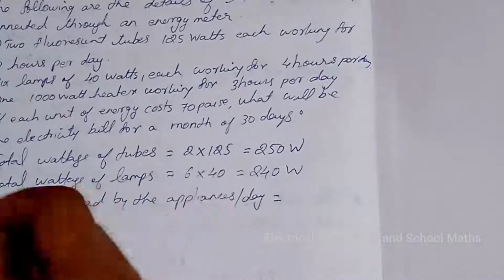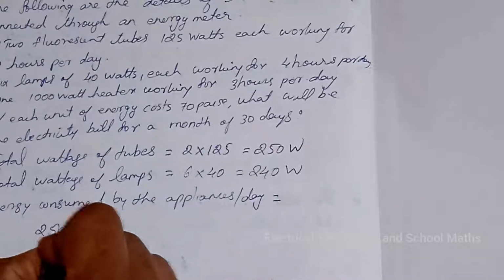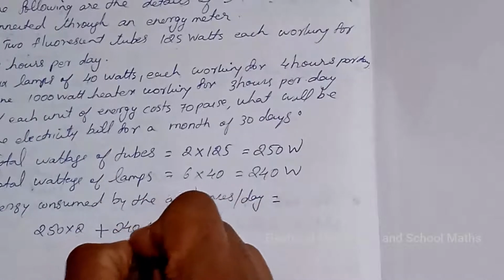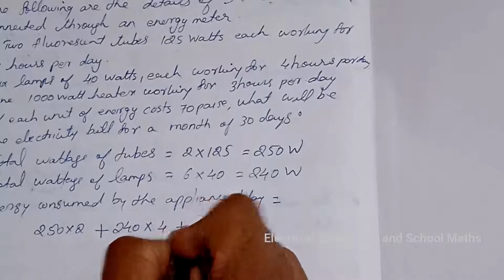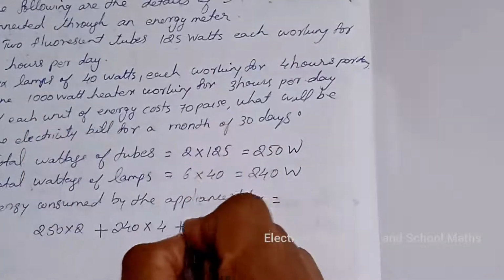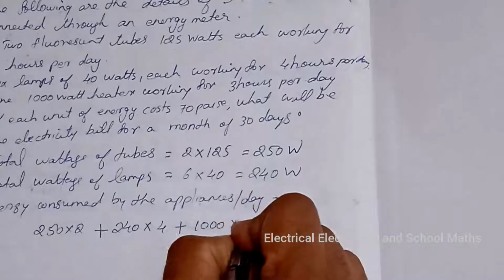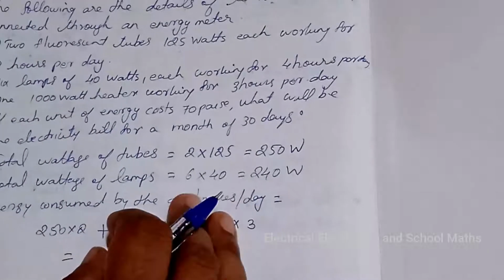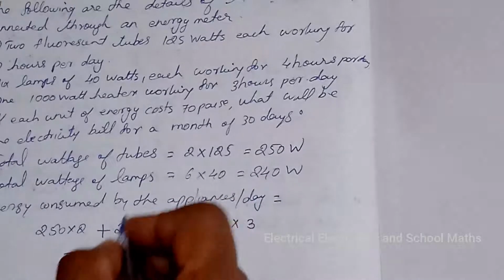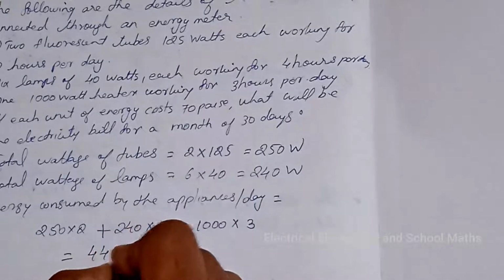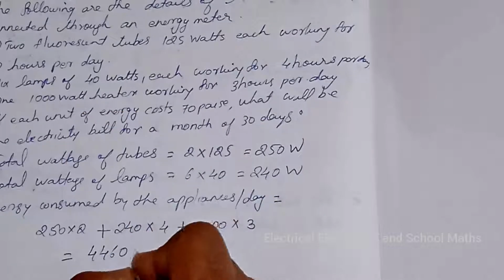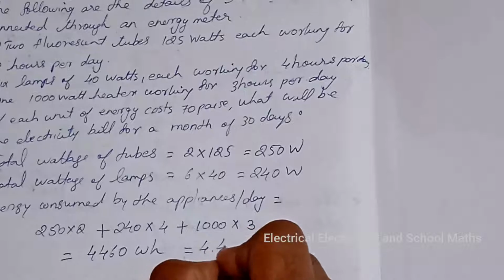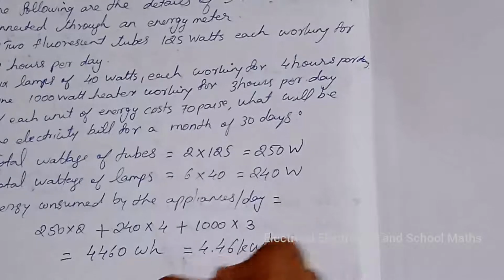So the total energy consumed is 250 into 2 plus 240 into 4 plus 1000 into 3. Then we get the answer as 4460 watt hour, and we can write 4.46 kilowatt hour.